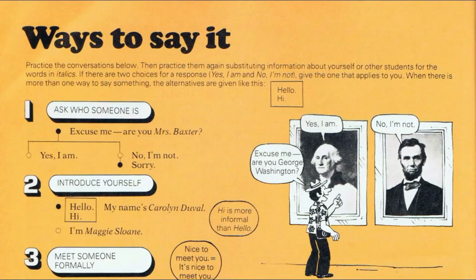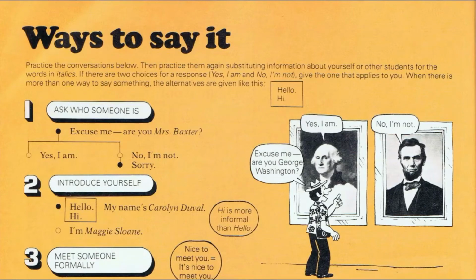For example, instead of Mrs. Baxter, I say something else. Excuse me, are you Mrs. Nelson? The other person says, yes, I am. Or if she is not, Mrs. Nelson says, no, I'm not. And then I say, sorry. Here we have normal way of a dialogue in actual life.